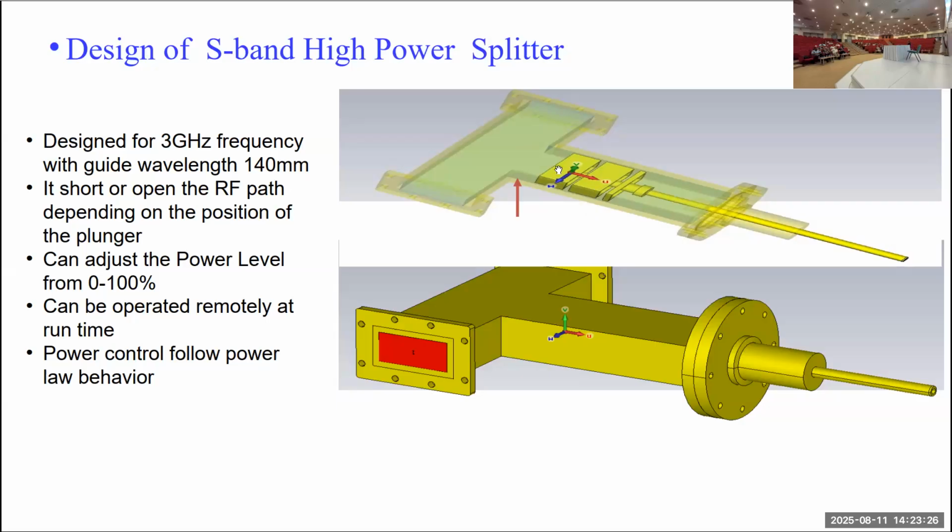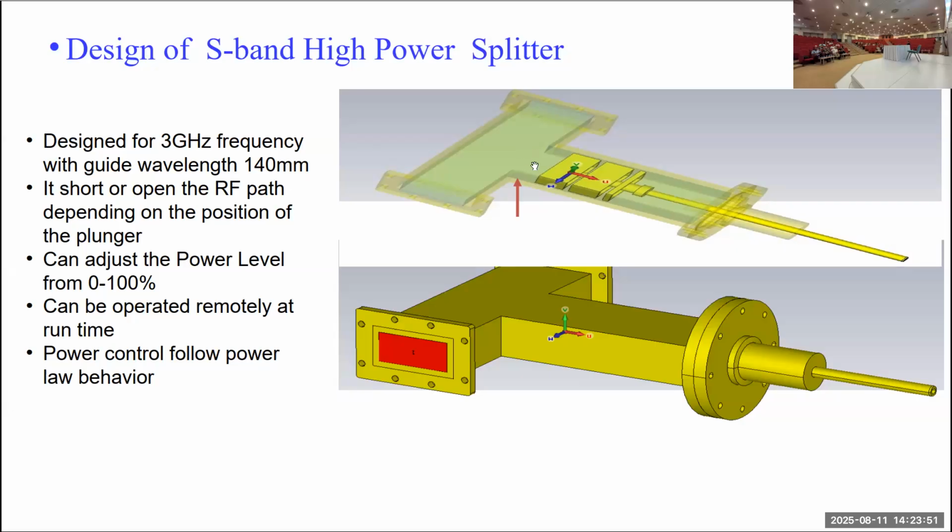Now, if our plunger, which is here at this point where the arrow is showing that corner, then all the power coming from this side to this side passes through the waveguide and goes to the dump or accelerating structure where you wish to use it.